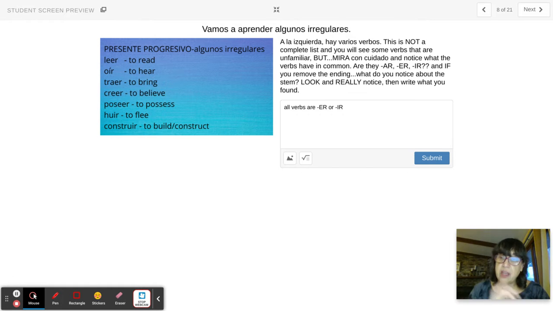If I take off the ER or the IR ending, what do I notice about the stem? The stem is what you have left when you take off the ending. So if I take off the ending ER from leer, I have LE left. If I take off the IR from oír, I have an O left.